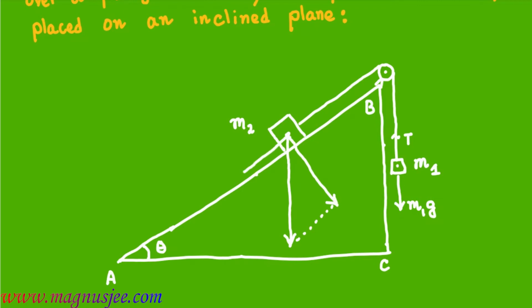Now we can draw a parallelogram or rectangle to resolve the weight of the body of mass m2. So this is the rectangle or parallelogram.